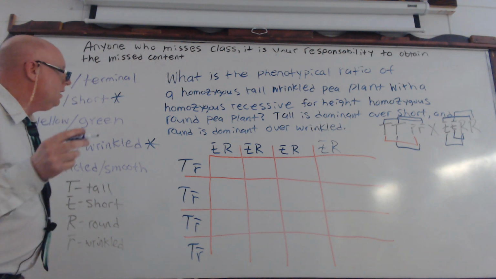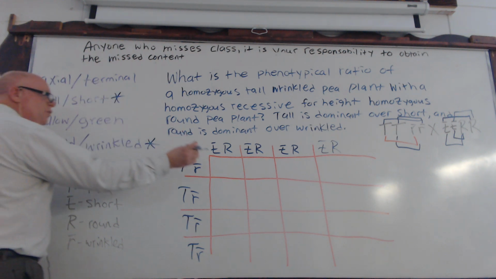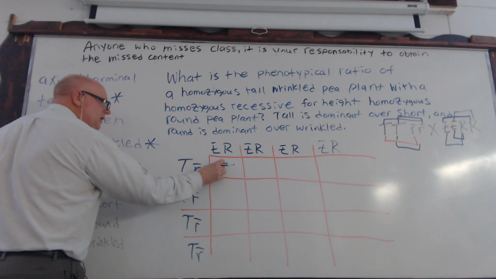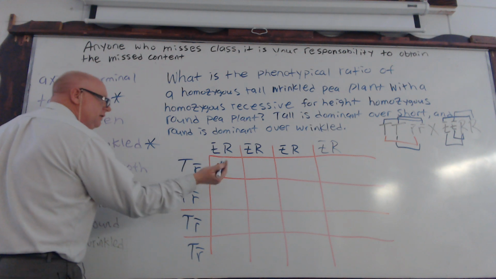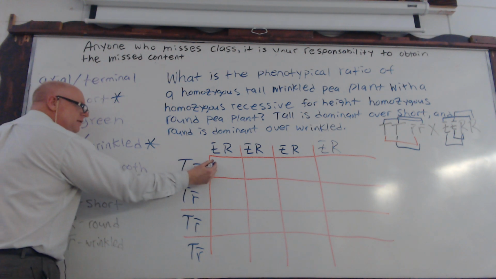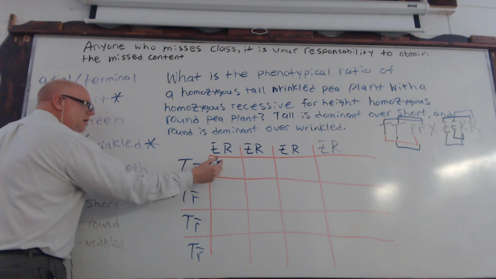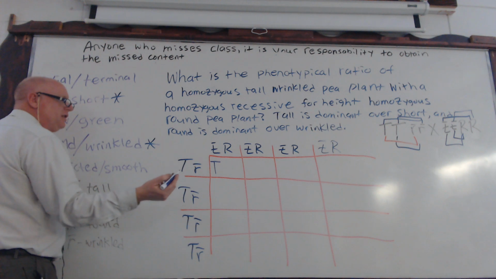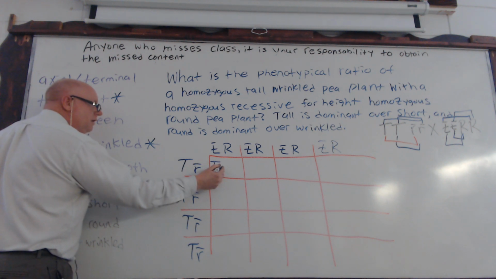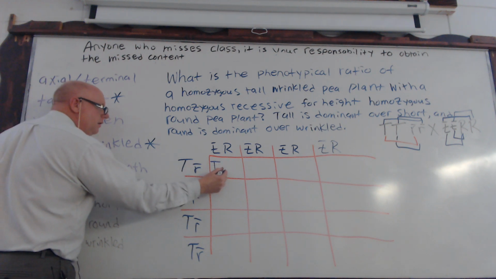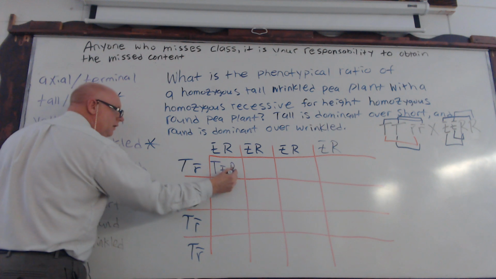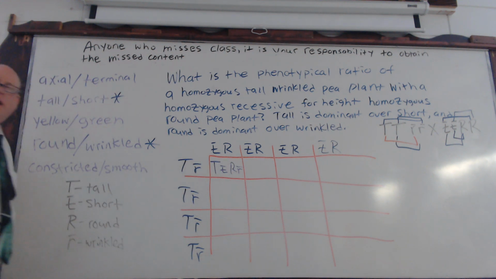Okay. So what do we have inside this box? Keep your letters together. Capital T and what? We said keep your letters together, though. It would be.